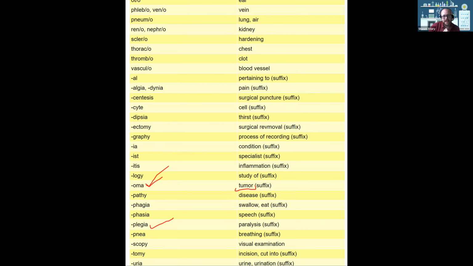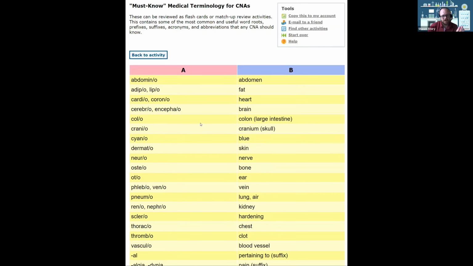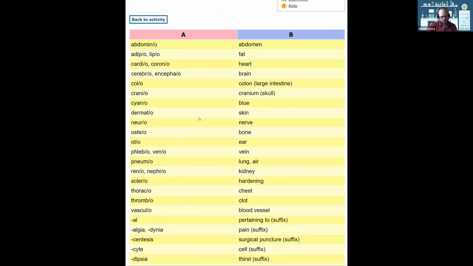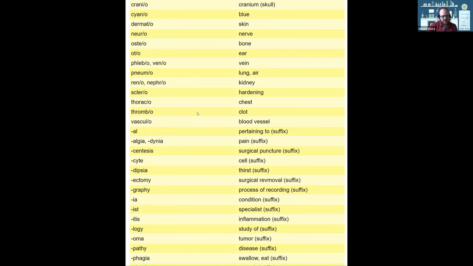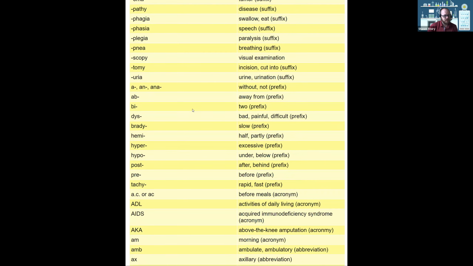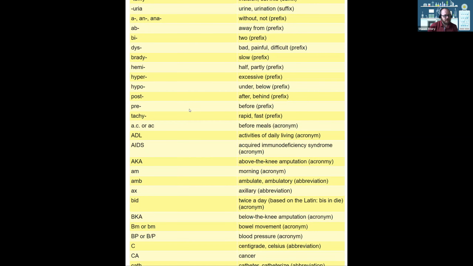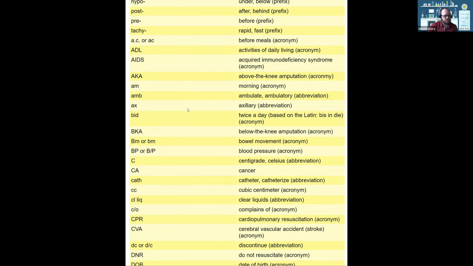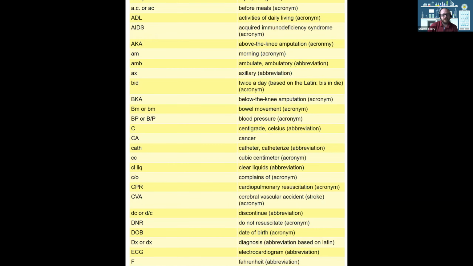And so this is a list, and I'm going to give it to you as a tool that has a solid list of all those different root words that we need to know. And then it moves on to all of our acronyms and abbreviations. Here's our acronyms and abbreviations.